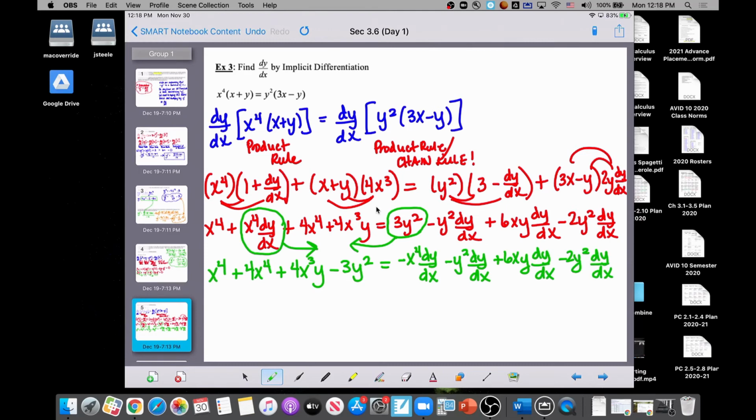Okay. I have some like terms on the left and on the right. On the left-hand side, 1x to the 4th plus 4x to the 4th makes 5x to the 4th.